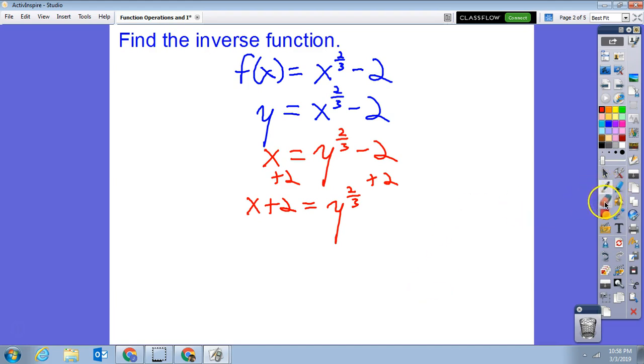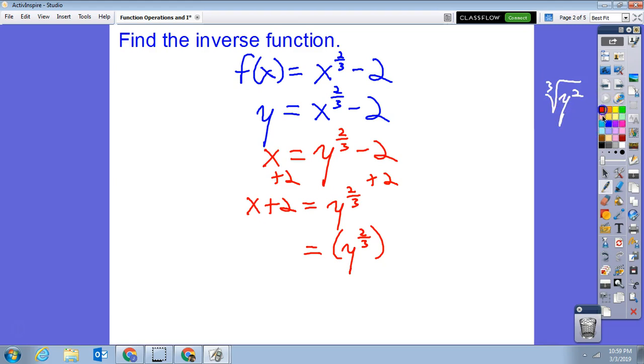Now, after that, we want to get the y completely by itself. So one of the things that we talked about is when you have this y to the 2/3 power, that really means the cube root of y squared. But that would mean I would have to get rid of a cube root and get rid of y squared, so that would be 2 steps.